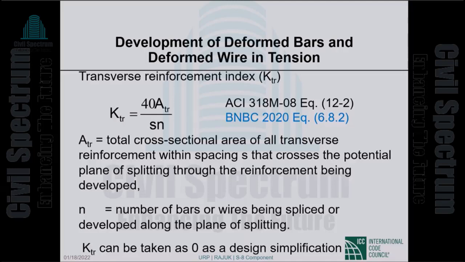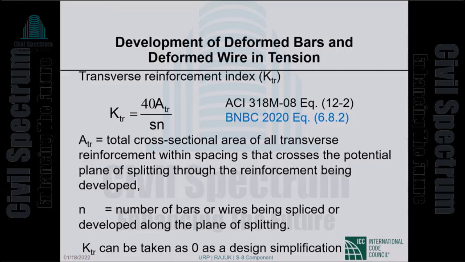The distance from center of a bar or wire to nearest concrete surface, and one half the center to center spacing of bars or wires being developed, the smaller of the two.